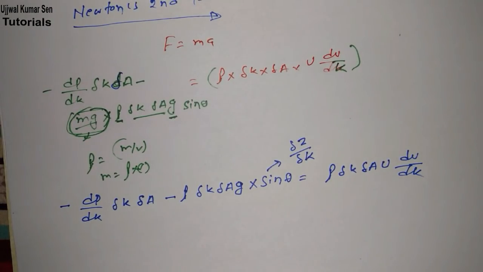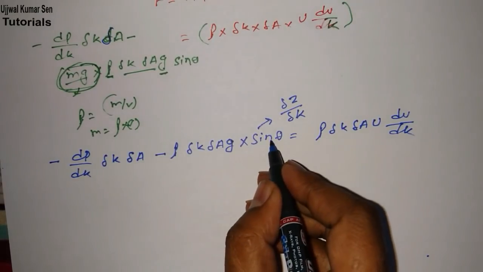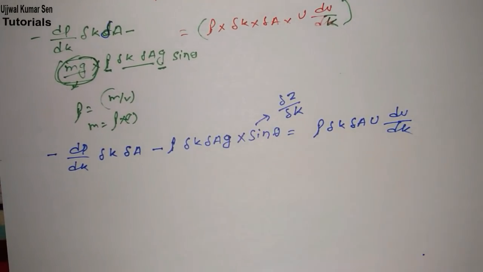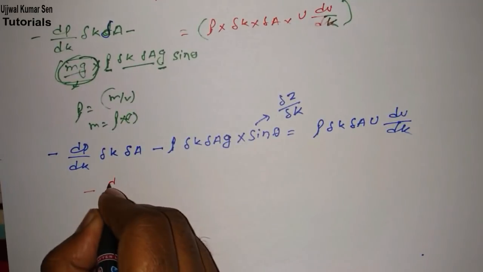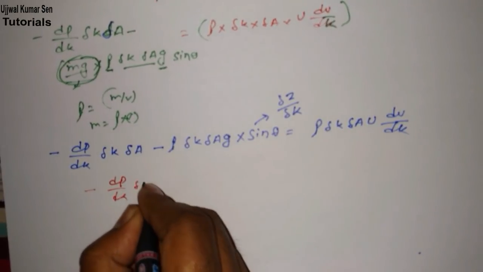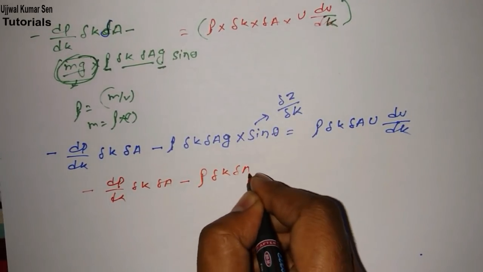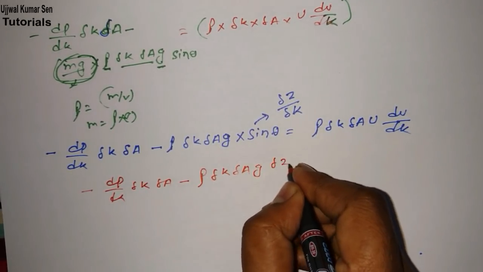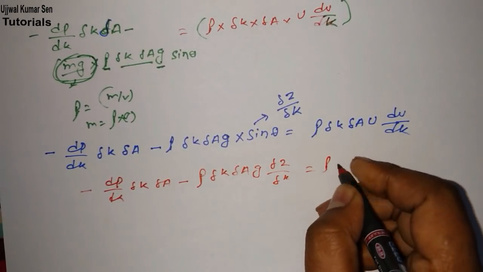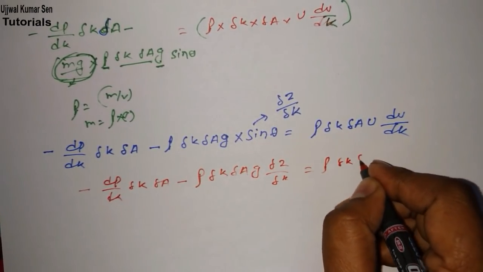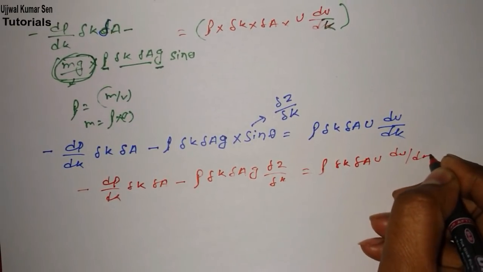Now what we have to do is important. We'll put this value here first and do a little simplification. So minus dp by dk delta k delta a minus rho delta k delta a g delta z by delta k is equal to rho delta k delta a u du by dk.